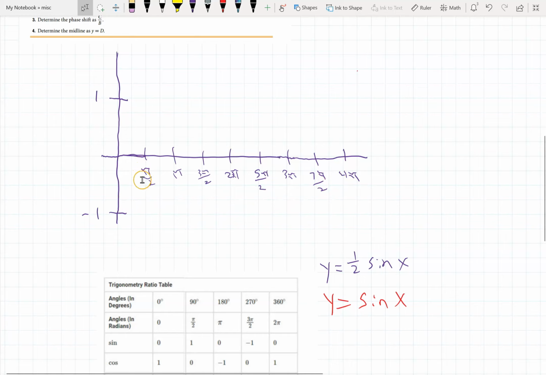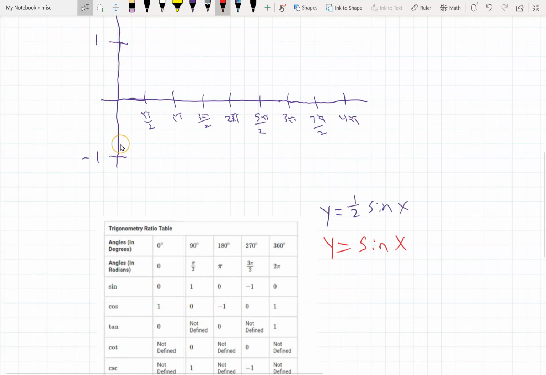And here you can see I've just counted by halves. 1 pi half, 2 pi halves would be pi, 3 pi halves, 4 pi halves would be 2 pi, 5 pi halves, 6 pi halves would be 3 pi, 7 pi halves, 8 pi halves would be 4 pi. I'm just counting by pi halves all the way out. It's like counting by 90 degrees: 90, 180, 270, 360.